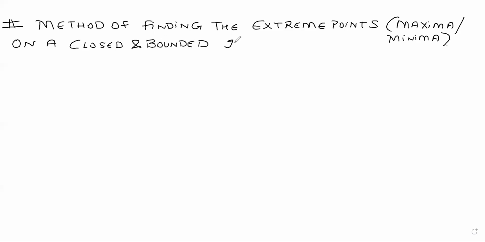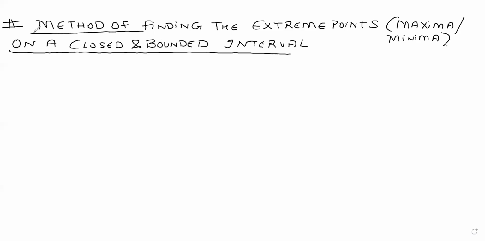Let's look at the following method on how to find maxima or minima in a closed bounded interval. First of all, step number 1. Suppose my closed and bounded interval is a to b.